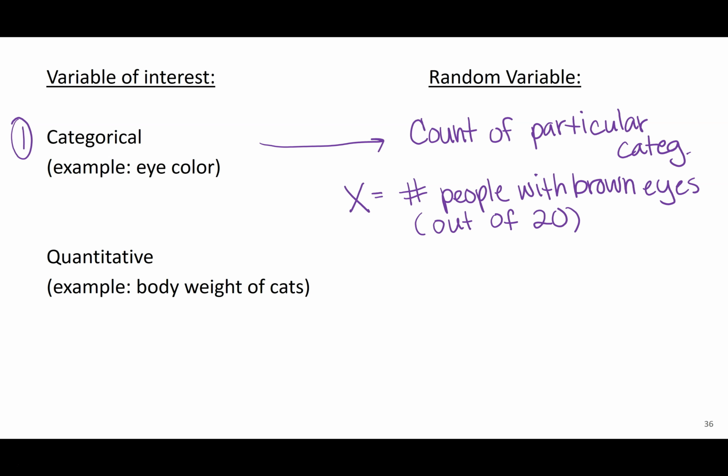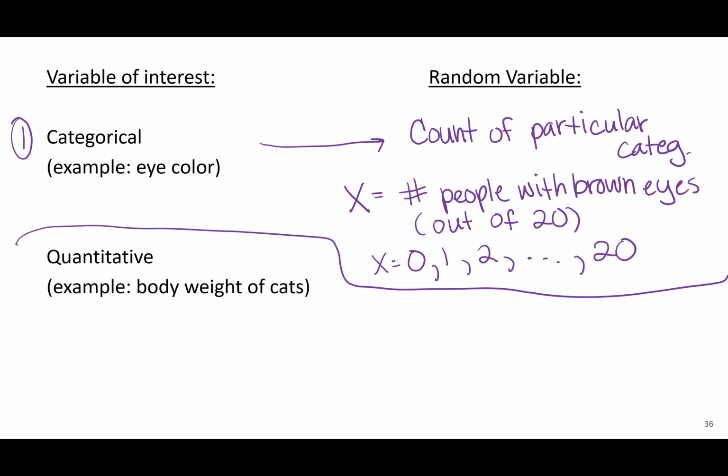So X, my random variable here, is the number of people with brown eyes out of 20. I could have values equal to 0, 1, 2, all the way up to 20. I can't have fewer than 0 people with brown eyes. I can have 1, 2, 3, all the way up to 20. But I can't have more than 20 people with brown eyes if I only ask 20 people. So that would be an example of a discrete random variable.